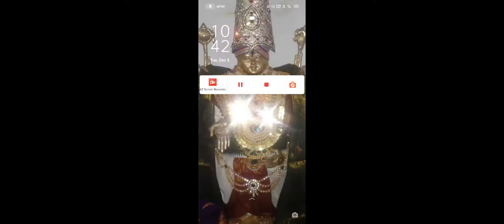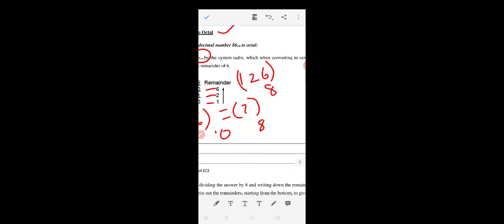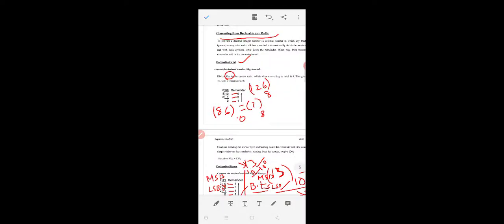In the octal number system, we have 8 power 0, 8 power 1, 8 power 2, so the positional values are ones, eights, 64s, like this. So you read this number as 1, 2, 6. Don't forget this effect of the positional number system.